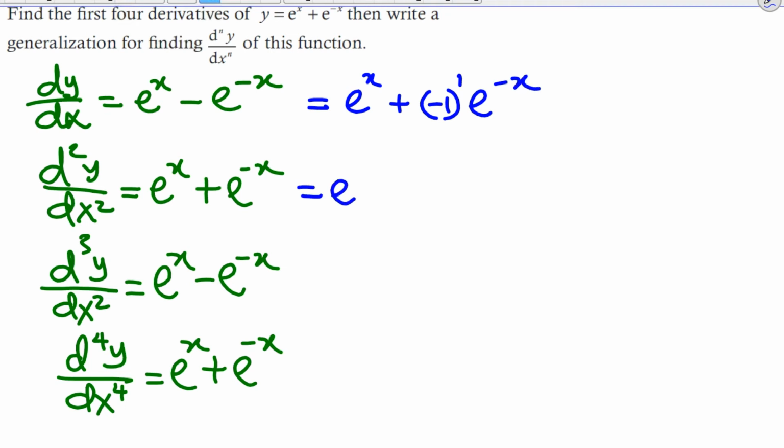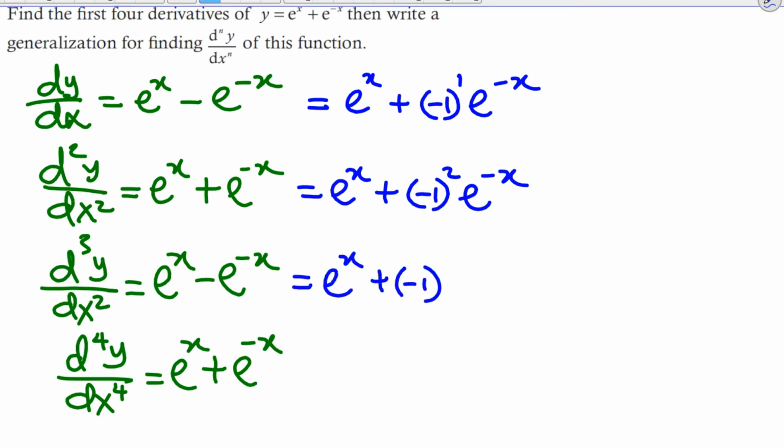Here it's the same as e to the power x plus -1 squared e to the power negative x. Here we have e to the power x plus -1 to the power 3, which will be -1 e to the power negative x.